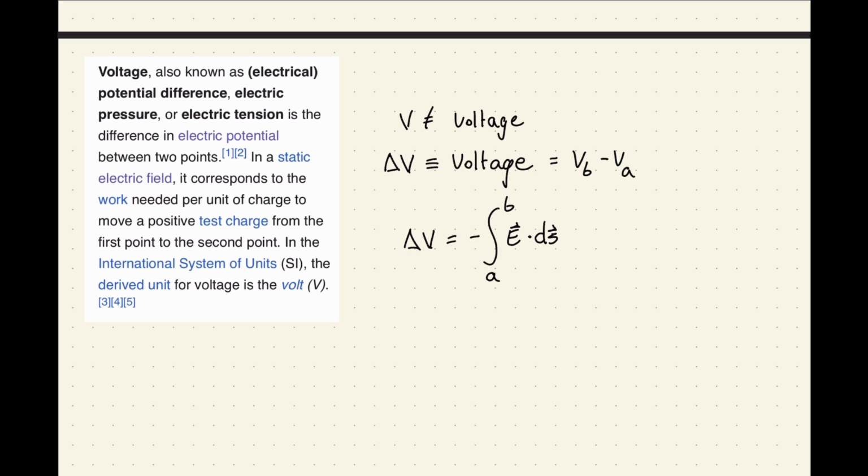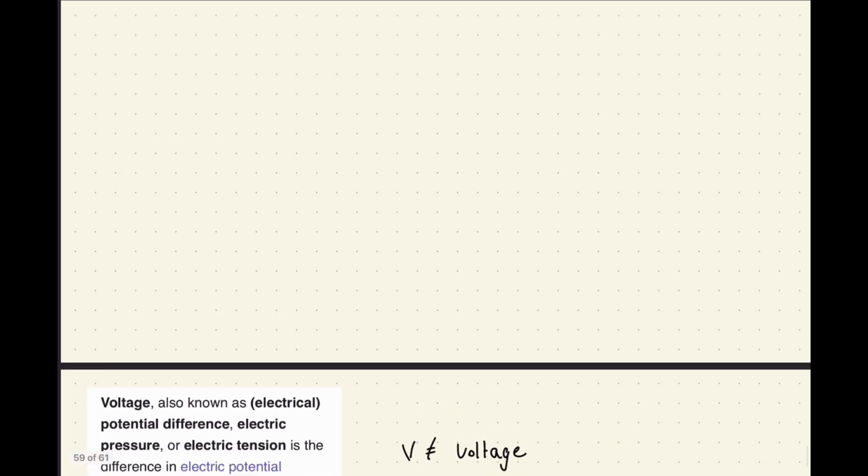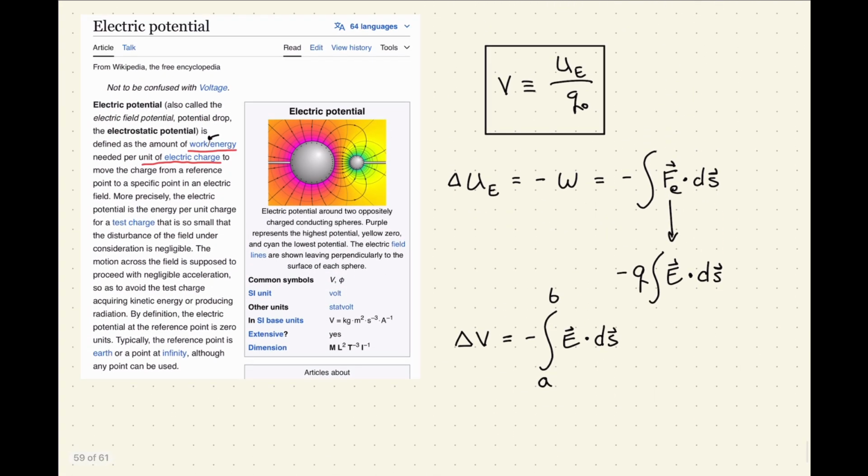In the International System of Units, SI units, the derived unit for voltage is the volt. So this thing, per unit charge, has been stated multiple times. Here you have per unit charge, here you have per unit of electric charge.